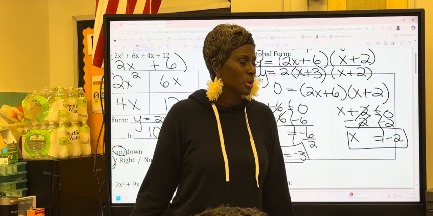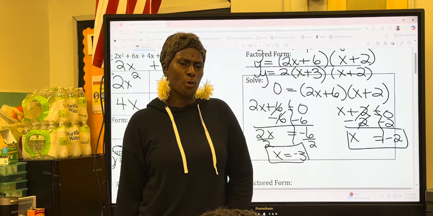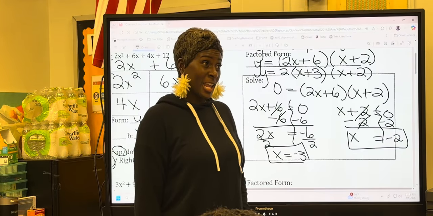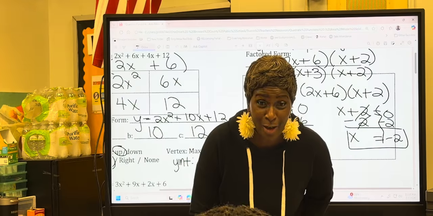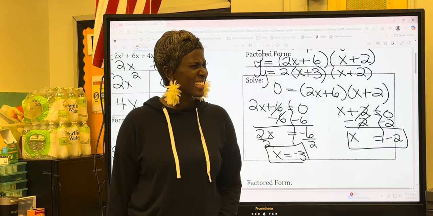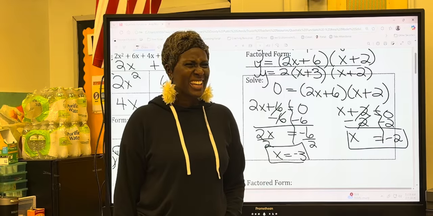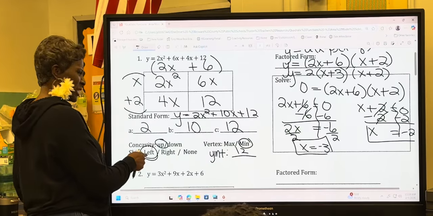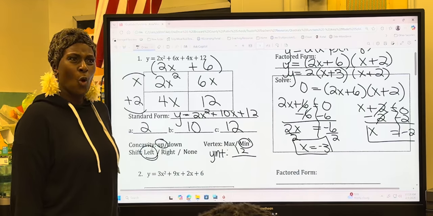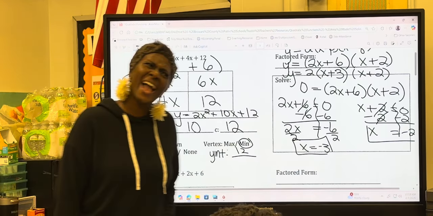Is that on the left or on the right? Right. Negative 3 and negative 2 is to the right of the y-axis? No. What did we circle? The left. Did we circle the left? Yeah. Where is it going to cross? Where's negative 2?